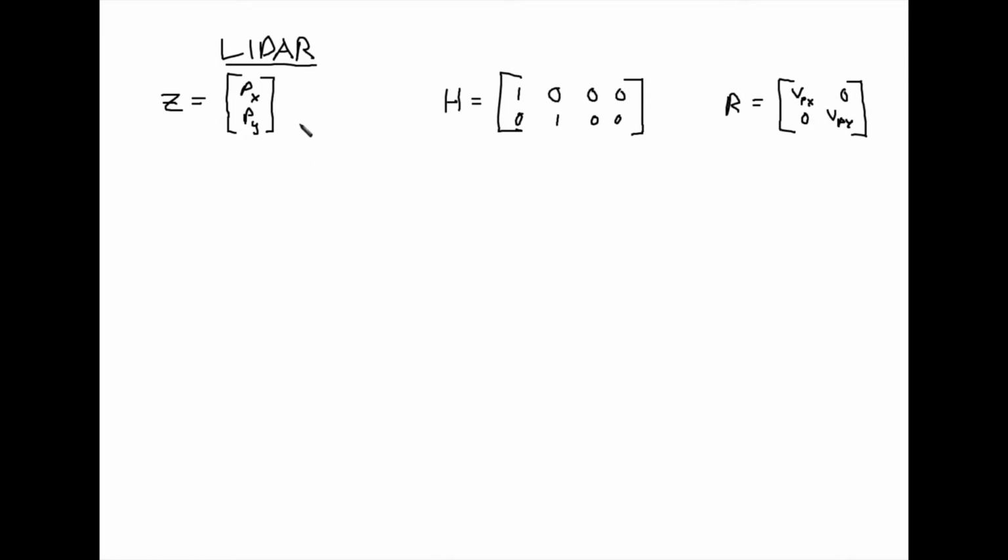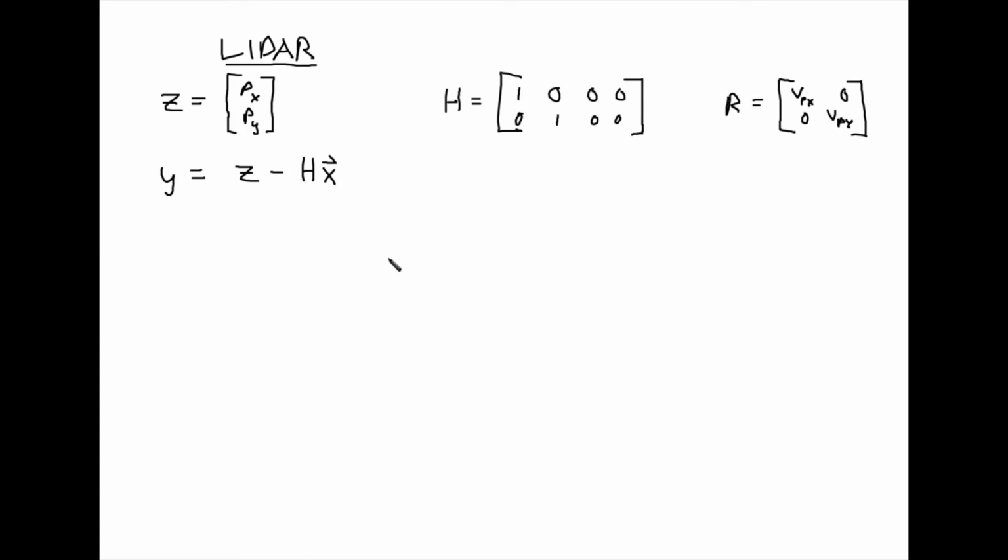Once we have all of these defined, then it's a really straightforward way to update our state. We're going to calculate the difference between our measurement and what we would predict our measurement to be. So that would be z minus Hx.